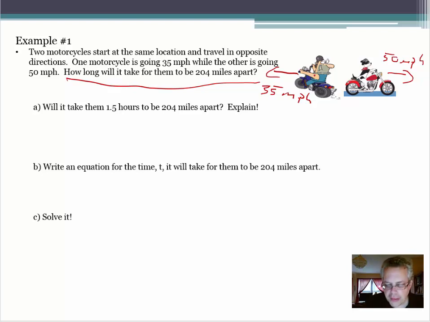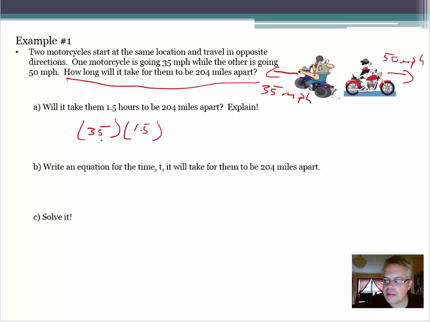So we're going to start with a guess. And the reason why we start with a guess is if we're not sure how to write an equation, it may help us understand how to set up the problem. So suppose it takes 1.5 hours. The first guy going to the left, after 1.5 hours, he travels 35 times 1.5 miles.